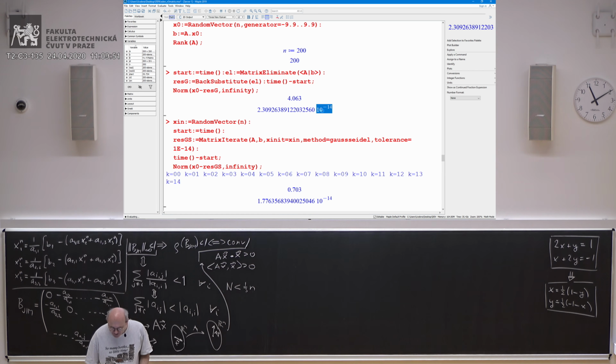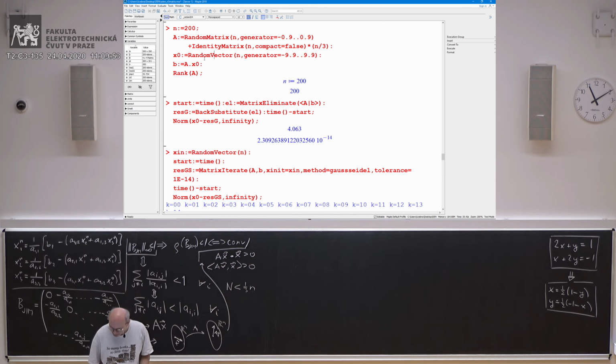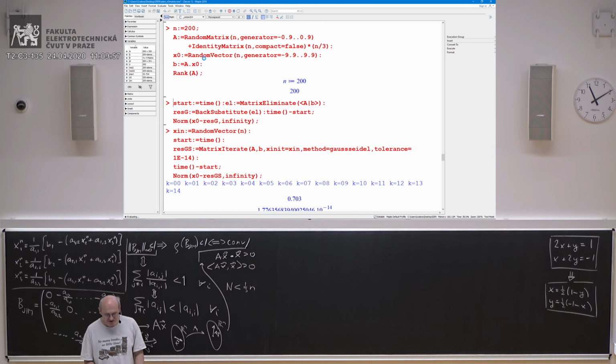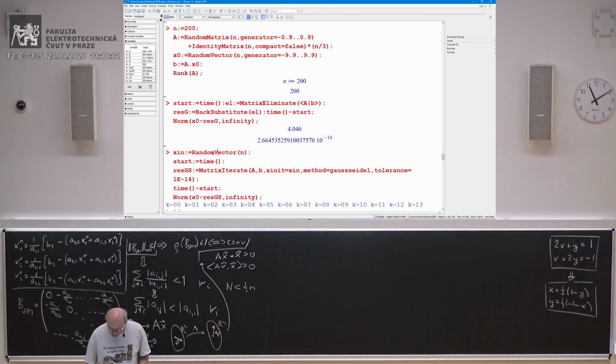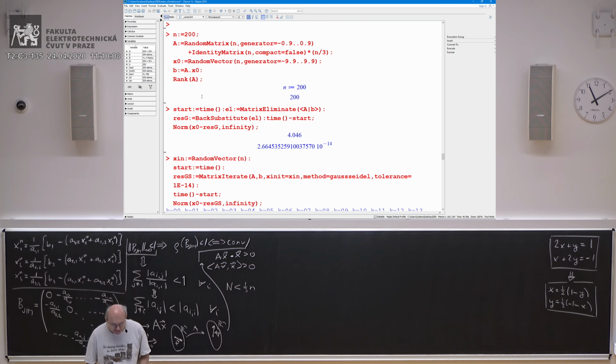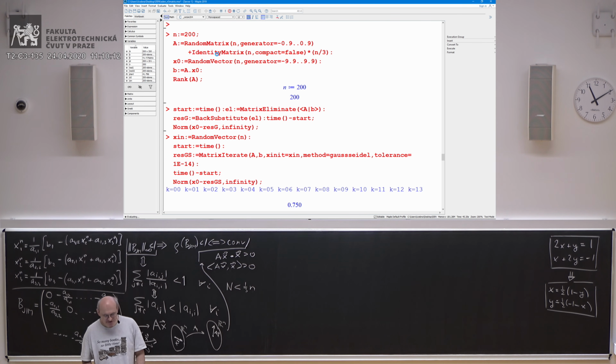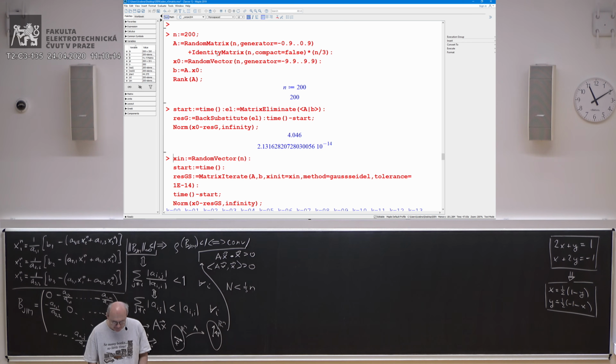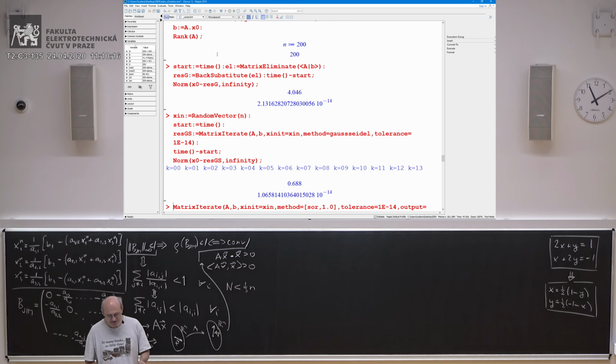Very nice. Again, you can see the error around the order 10 to negative 14. We are using partial pivoting with Gaussian elimination to keep the error down. Of course, definitely, we want to do that. Again, about 4 seconds for elimination, 0.75 seconds for iteration. This is really very nice. Let's waste another 4 seconds on elimination, and here we go, iteration.